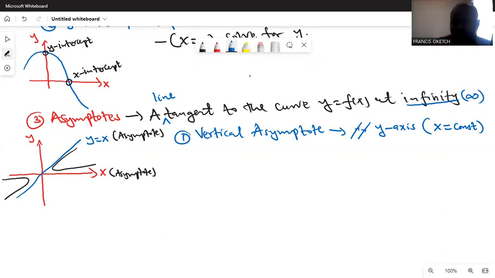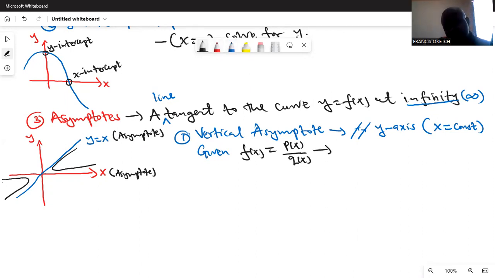Then how do we get it? Let's say you are given that f of x is equal to p of x over q of x. If you're given this rational function, then to find the vertical asymptote, you simply need to equate the denominator to 0 and solve for x.